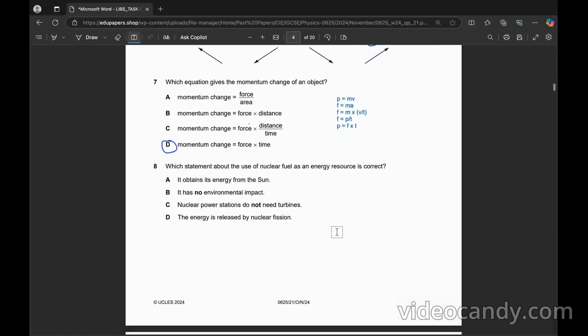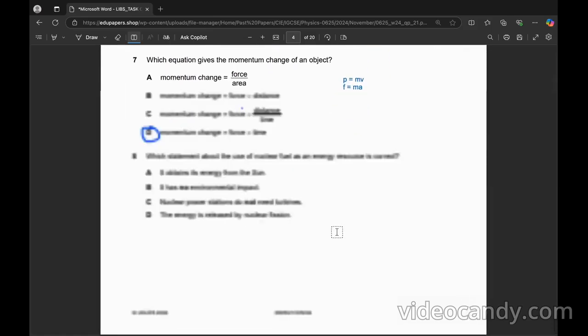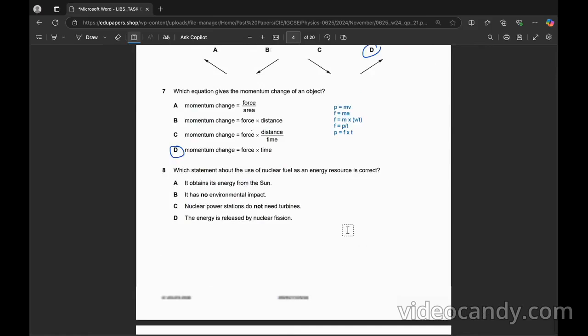So number 8, which statement about the use of the nuclear fuel as an energy resource is correct? Nuclear fuel is just the fuel that you get from the nucleus of an atom. It's really obvious. So, it obtains its energy from the sun. Now this is not really true. We call that solar energy.